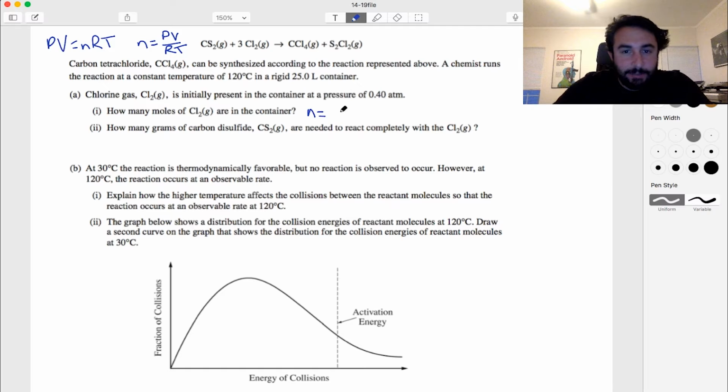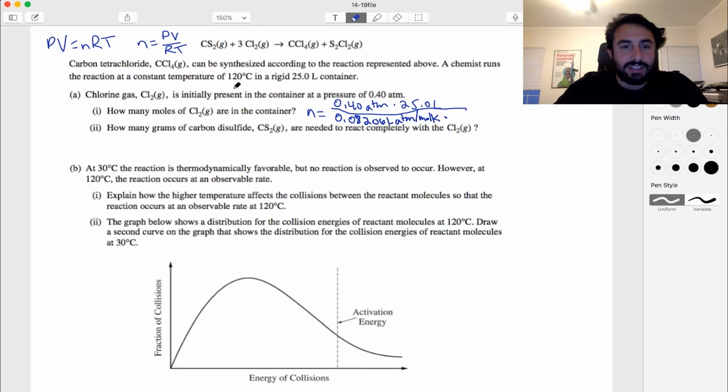So P is 0.4 atmospheres. V is 25.0 liters. Let me give myself a little more room there. Then R, we know, is 0.08206, and that is liters atmospheres per mole K. And then the temperature, that's the only thing we need to change.